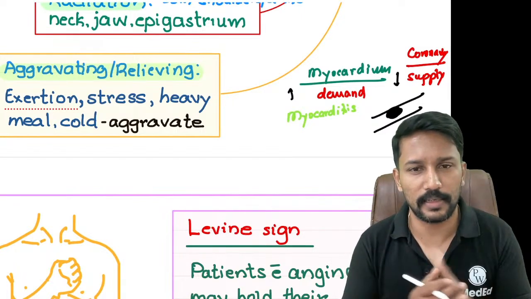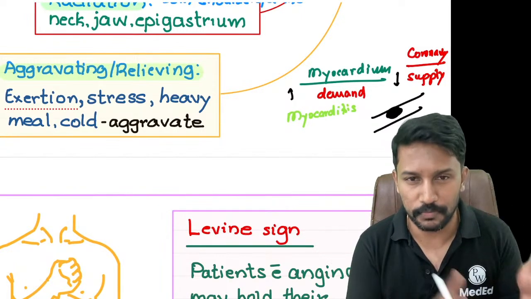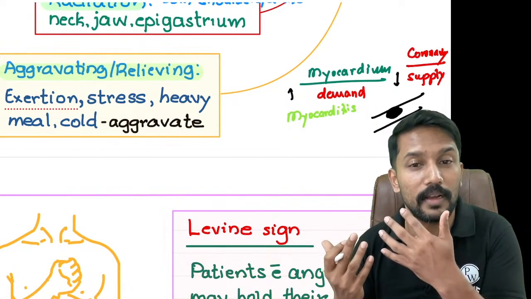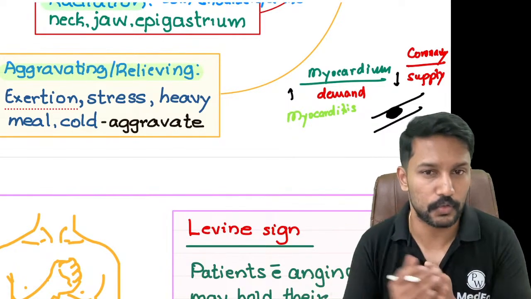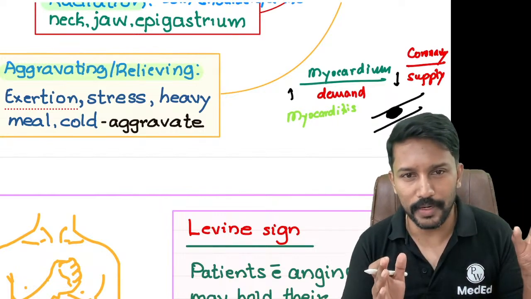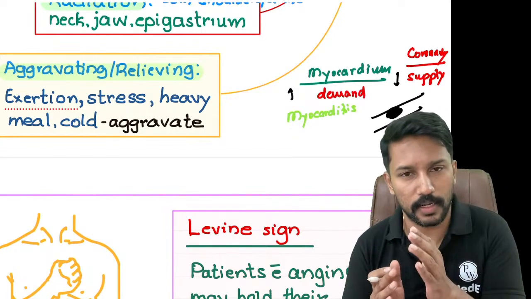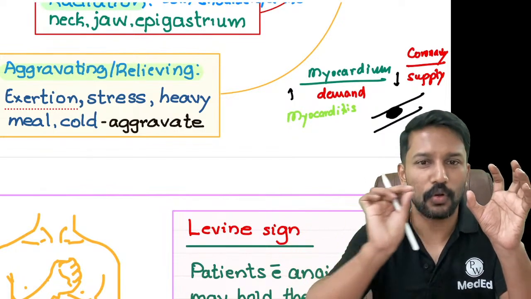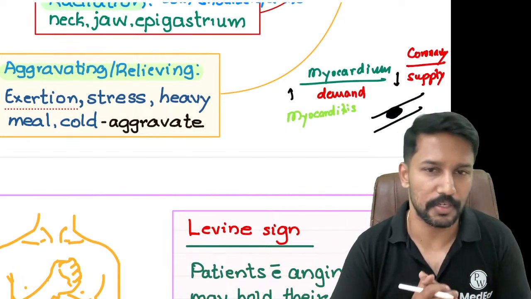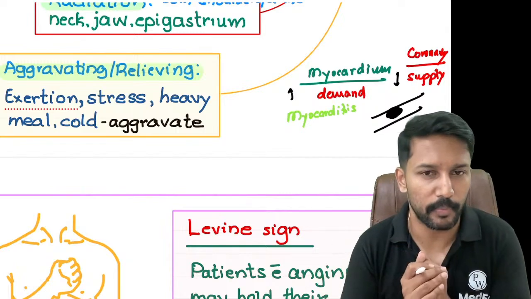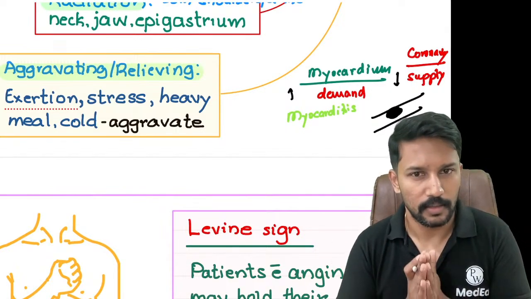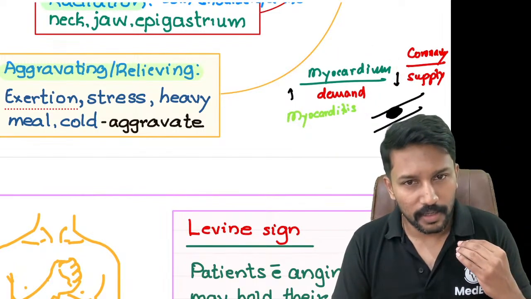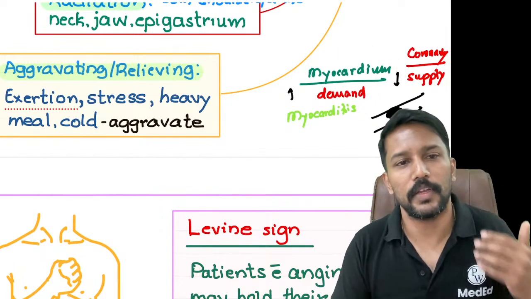You might have heard in recent times that many patients who suffered from COVID later developed myocarditis, and because of that they developed myocardial ischemia or MI, and they died also. Why did that happen? Because COVID caused mild grade myocarditis, which increased their oxygen demand. If the coronaries could not meet that demand, you can end up developing ischemia and, if not treated, an infarction. Typically, myocardial demand can also be physiologically increased when we do exertion.